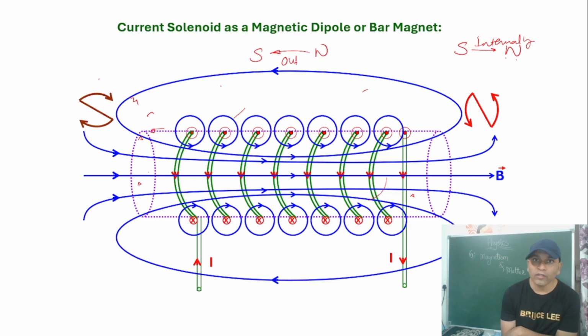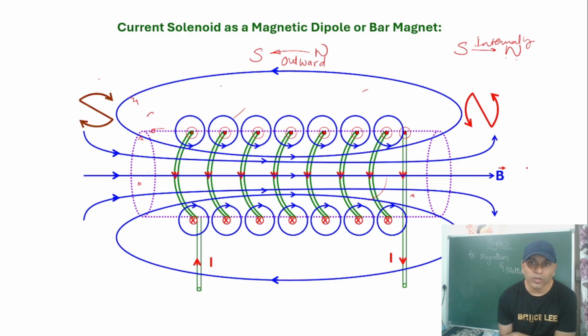So outward it is north to south, and inward it is south to north. So this magnetic field will be directed north to south outward, and inside it is directed south to north. So the whole circle will be completed here. You can see this is the non-conductive thing on which the wire is rotating, and the current is flowing from this side to this side.